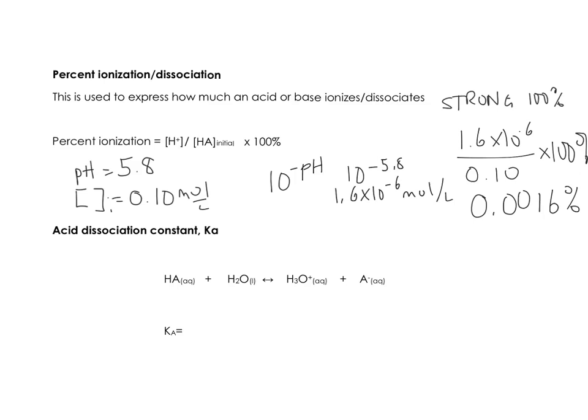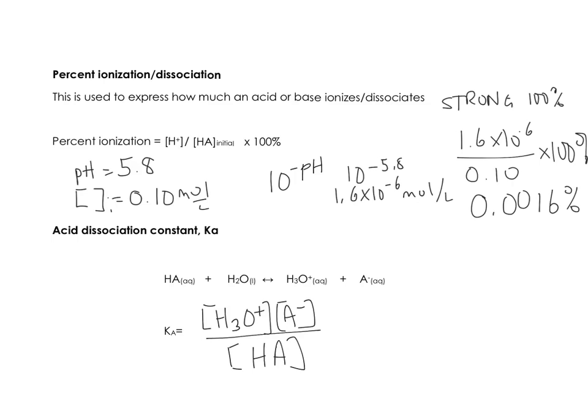It's just like any other K. You set it up the same way, except we give it an A now for acid, so Ka. So our equilibrium expression, if we're doing a formal reaction, will be the aqueous. Your water becomes part of your Ka constant.